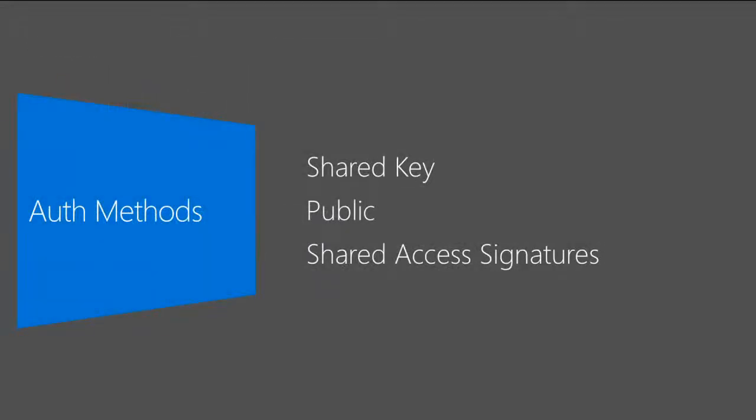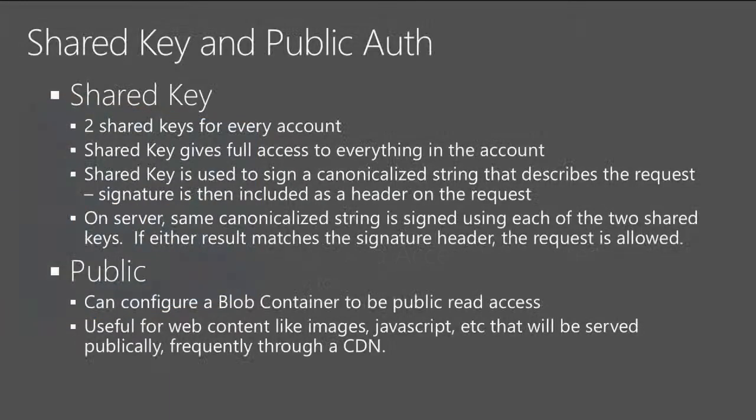So auth methods, we have 3. First ones are the oldest ones. They're very simple. We have shared key auth. Every storage account gets 2 shared keys. You use that shared key to sign requests, send the request with the signature. We validate the signature on the server and decide whether or not to allow the request.